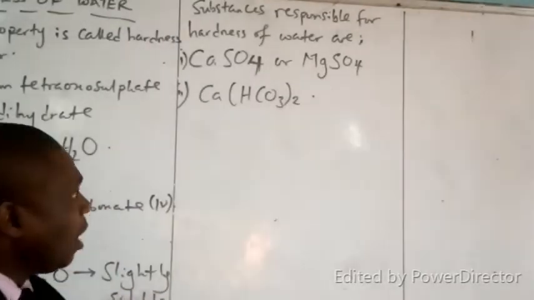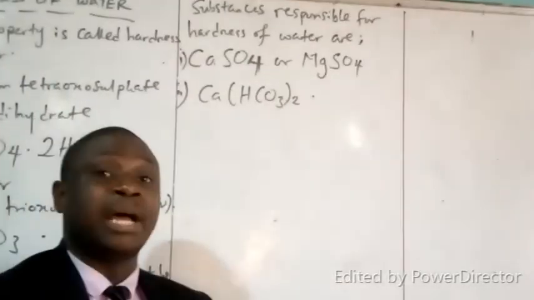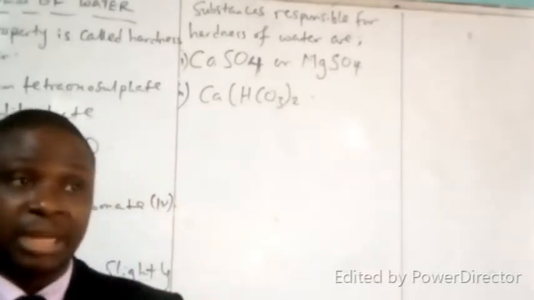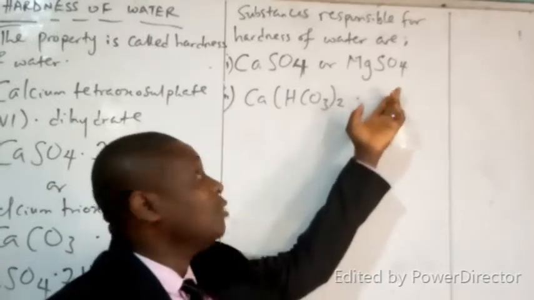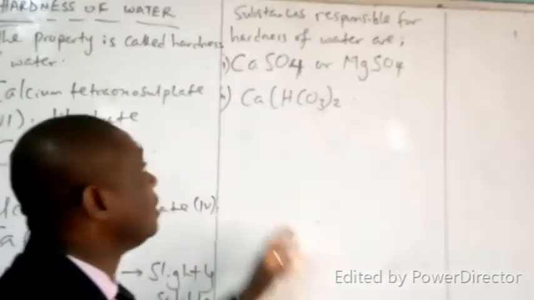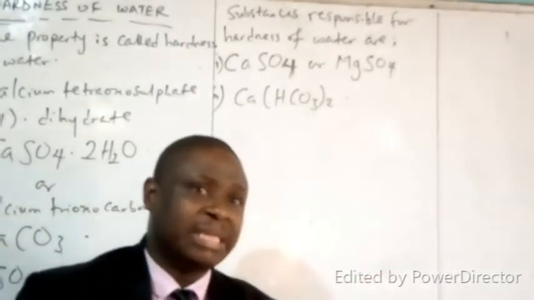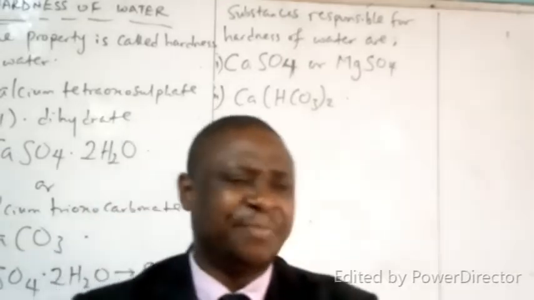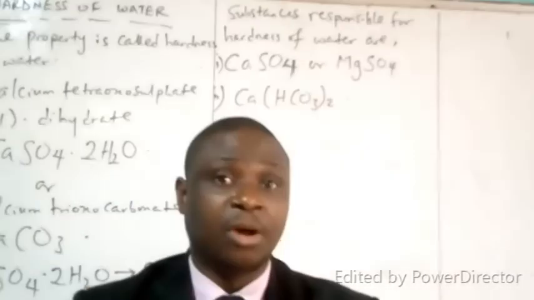However, when we add soap to it, because the essence of having our water is for domestic use as well as industrial use, what happens is that they will form what is called scum. Now, scum is a whitish or milky substance that forms on the surface of clothes.